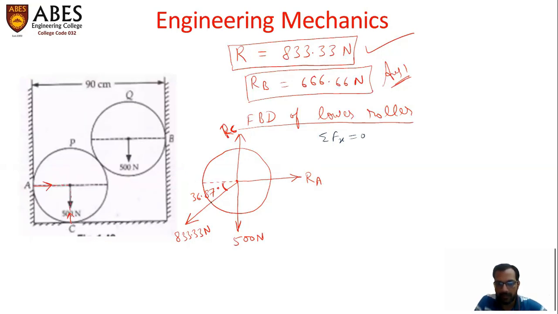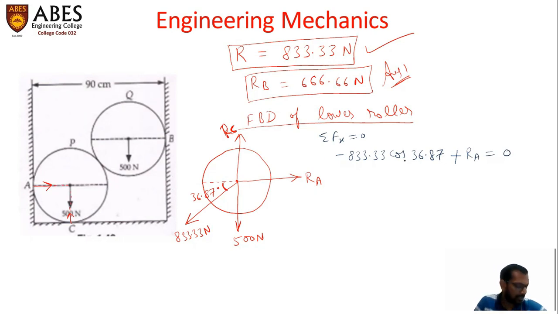So minus 833.33 cos 36.87, and it should be negative because it is acting to the left-hand side, plus RA is equal to 0.